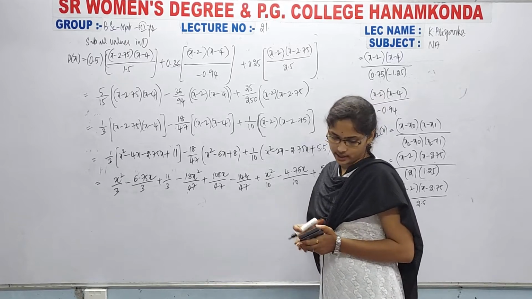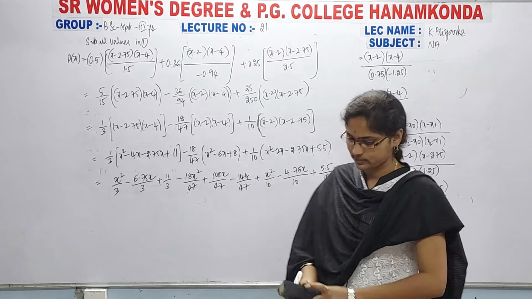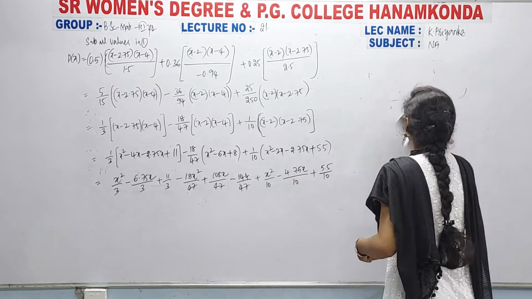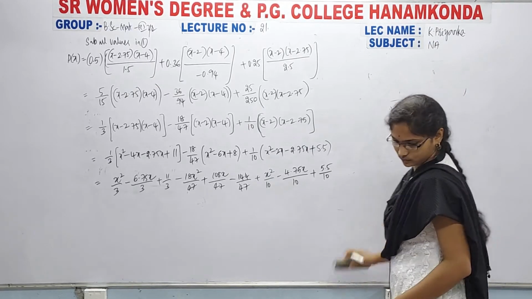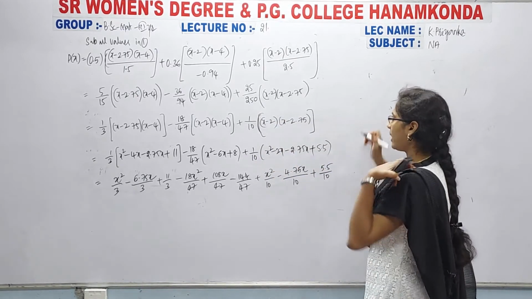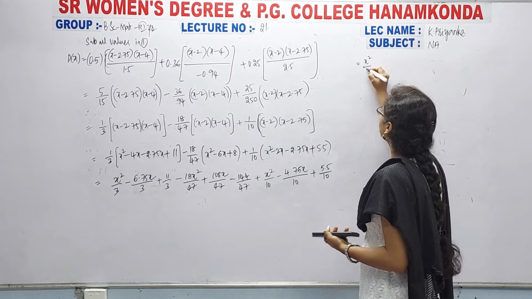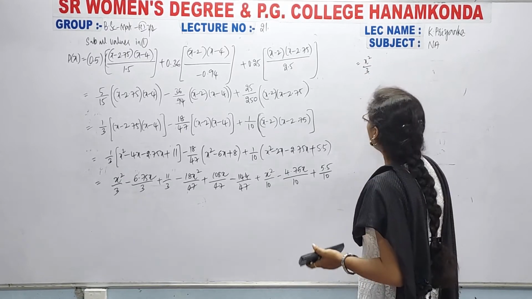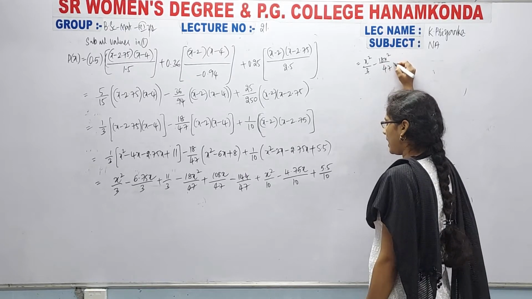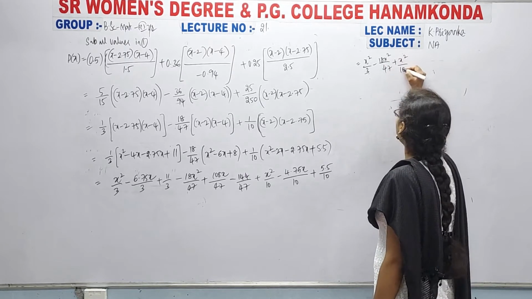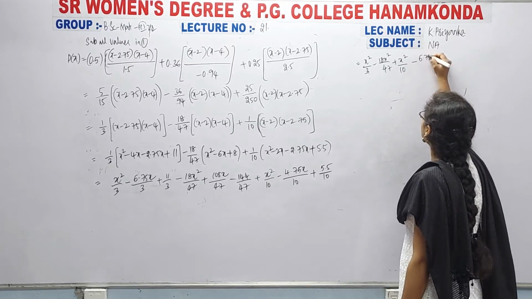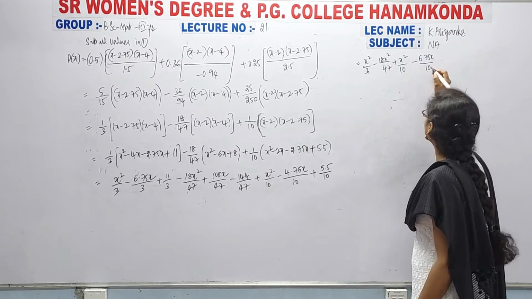Okay, so now here I have to write all the x square terms. Actually here you can calculate this one, but I am saying, okay. So now here I am writing x square terms at a side, x square by 3 minus 18 x square by 47 and plus x square by 10. Next minus 6.75 x by 3.